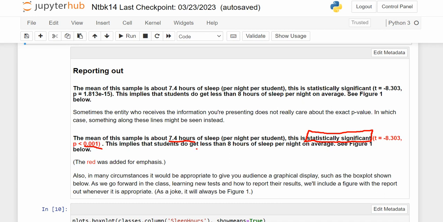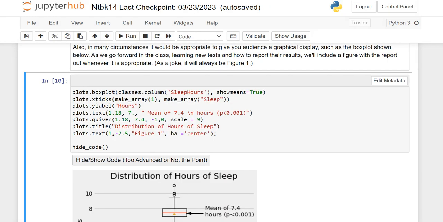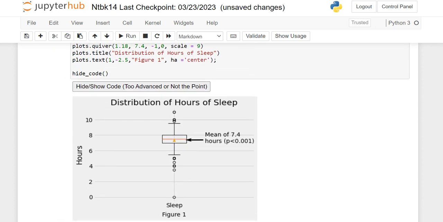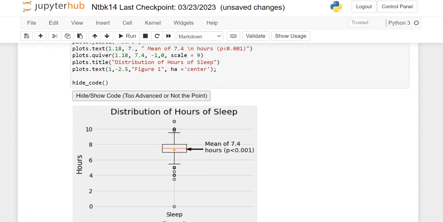Okay, and so we do have scientific evidence now that students get less than 8 hours of sleep per night. And here we can see a box plot of the situation. While there are outliers, sometimes students do get more sleep than even more than 10 hours, there are also students who unfortunately get very little sleep.